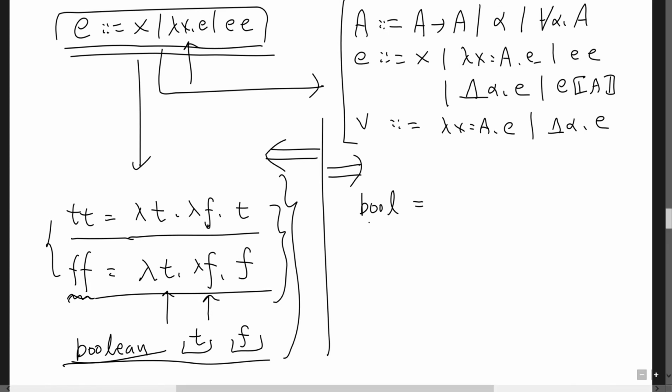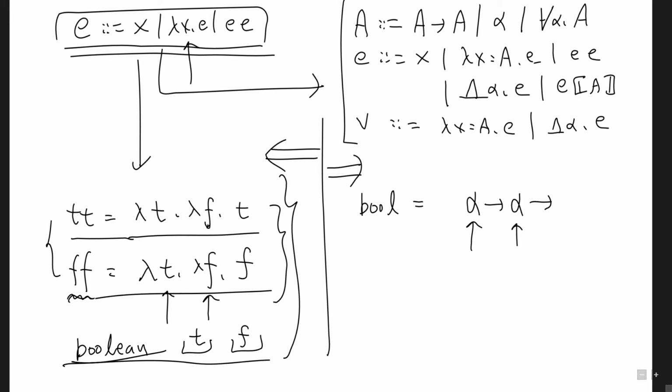So give me two options of the same type. So let's say the first is alpha, and the second is also of type alpha, and then I'm going to pick up one of these two. Because the first option and the second option both have the same type, the choice whichever we make is going to have the same type alpha.